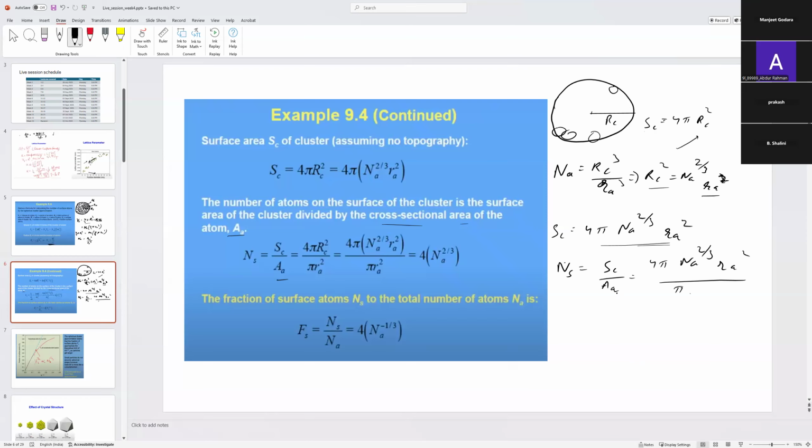Cross-sectional area is only pi RA squared. So you have 4 pi Na to the power 2 by 3 RA squared divided by pi RA squared. RA squared cancels out and you get 4 Na to the power 2 by 3, which is your number of atoms sitting on the surface.